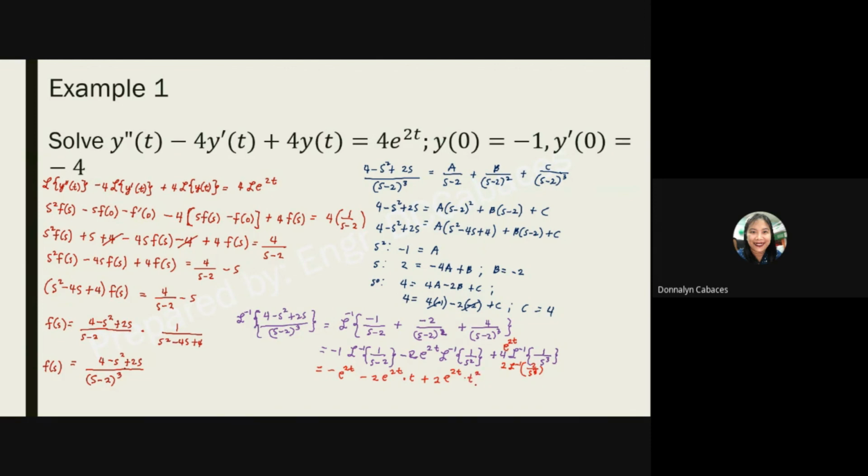Right? F of t equals t squared gives F of s equals 2 over s cubed. So this 2 over s cubed is your t squared. And you can now factor out your e to the 2t. So e to the 2t times t squared minus 2t minus 1.